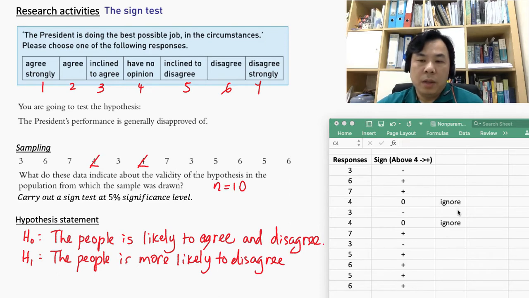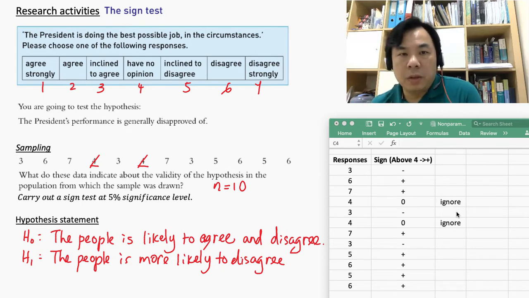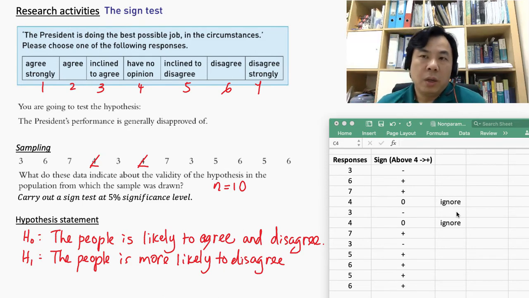So we have 7 sets of data observation that is above 4 here, right? Which means most of the responses would say that they disagree that the president is doing his possible job.